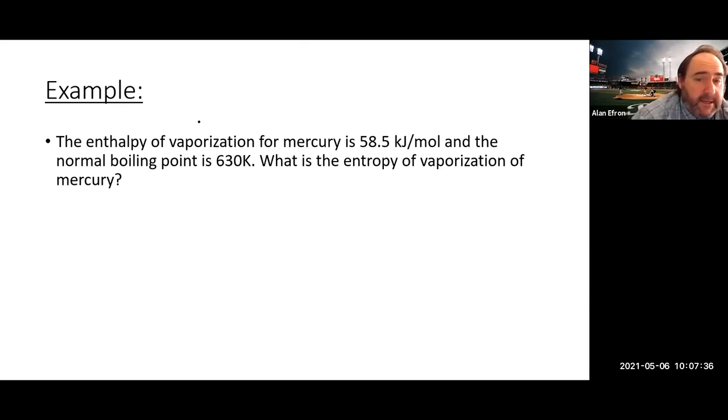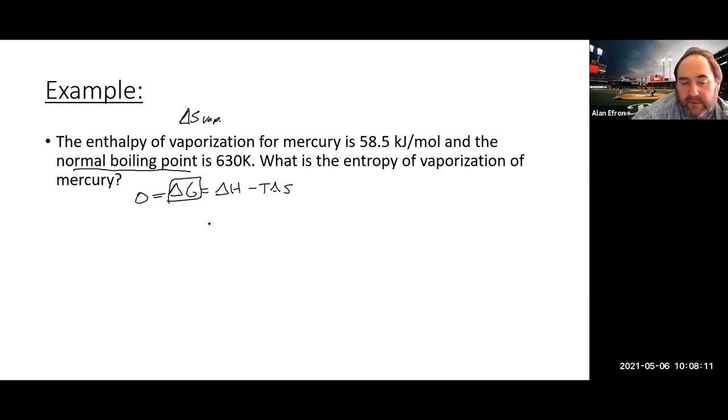Okay, so let's take a look here. We're looking for the entropy of vaporization, which is our delta S of vaporization here. We're doing a phase change, and we're given the normal boiling point of 630 Kelvin. So again, because we are at this phase change and equilibrium, our delta G here will equal 0.